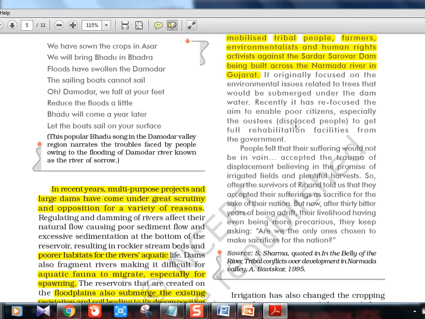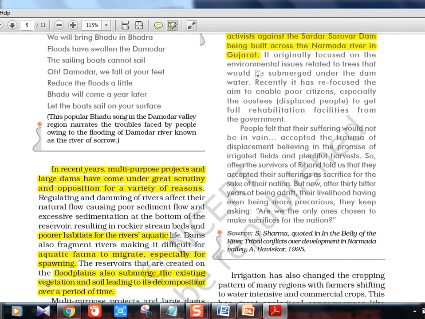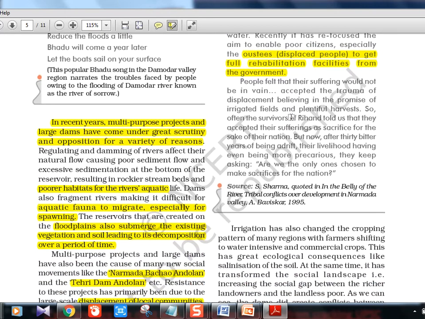It is said to be resolved, but not sure how happy people were with whatever compromise was made. It originally focused on the environmental issues related to trees that would be submerged under the dam water. Recently it has refocused its aim to enable poor citizens, especially the oustees, that is displaced people, to get full rehabilitation facilities from the government. I think that was what was promised, that everybody would be rehabilitated properly, and that is how this dam actually came to the inauguration stage.